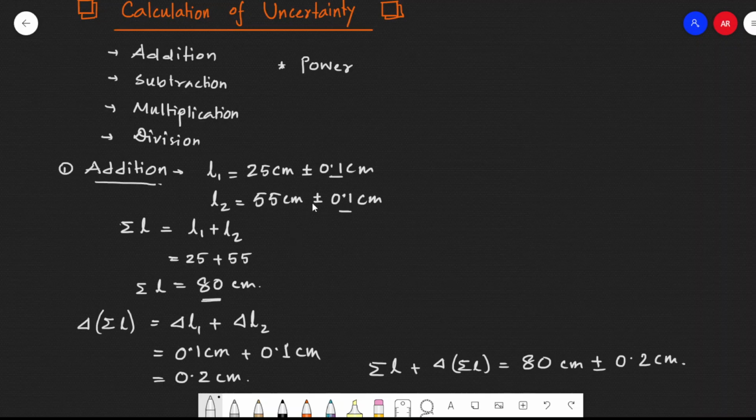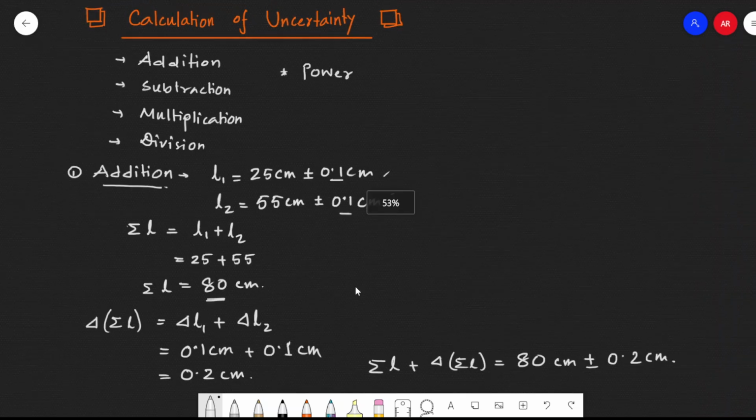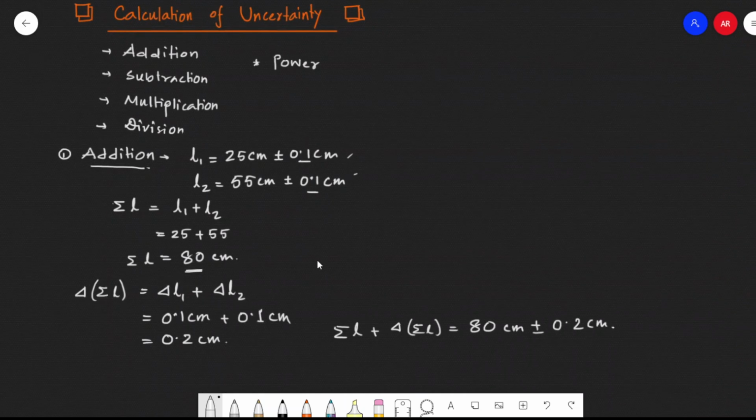So see that when the length individually has 0.1 and 0.1 centimeter as its uncertainty, the total length does not have the uncertainty of 0.1, rather it is 0.2, because it has been calculated by the two measured quantities L1 and L2, and they both have uncertainty.